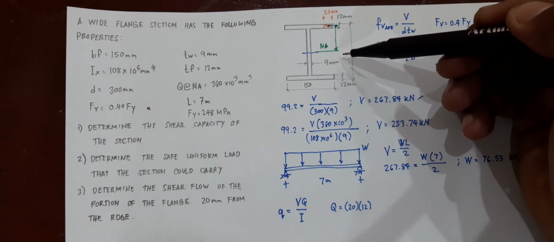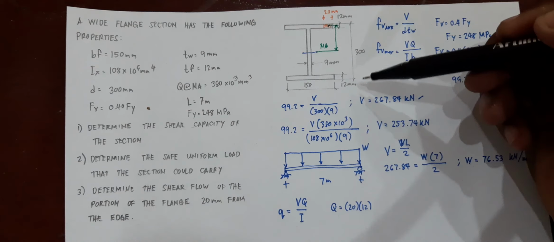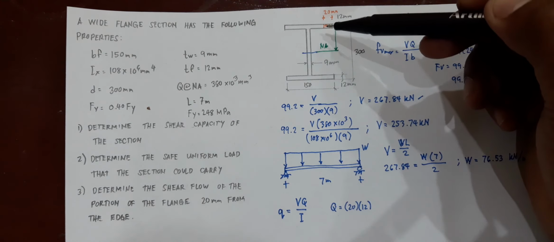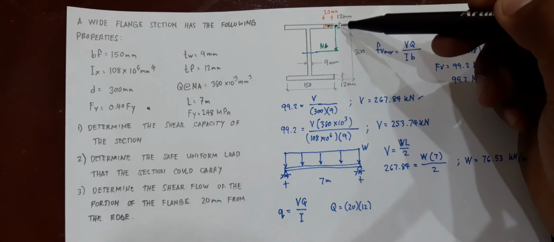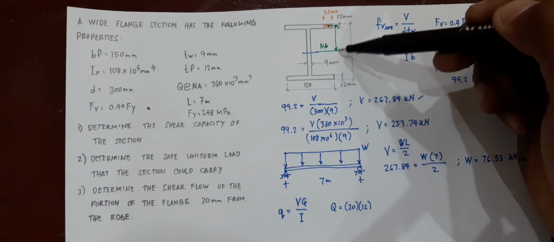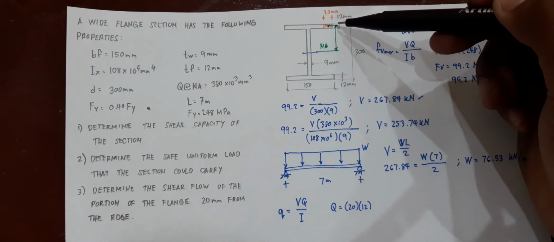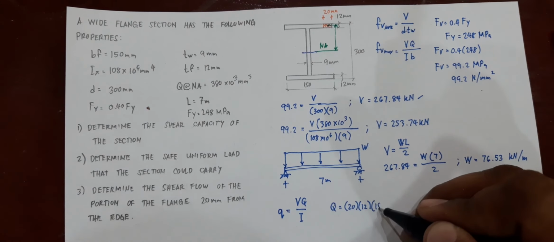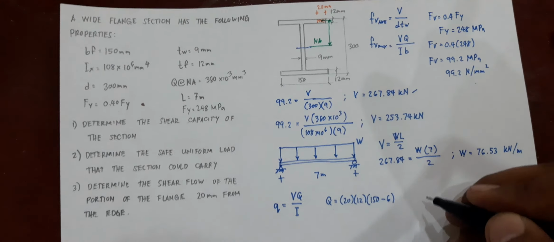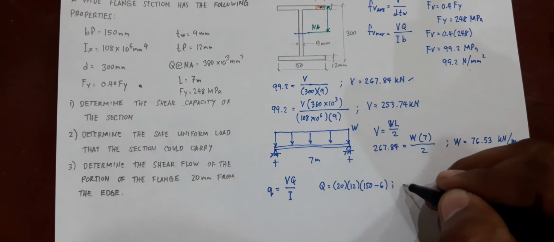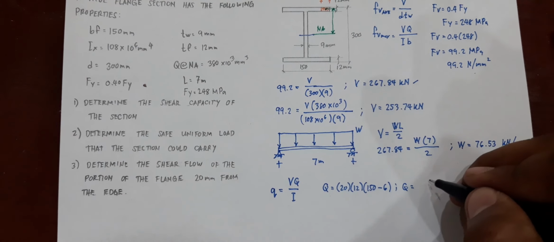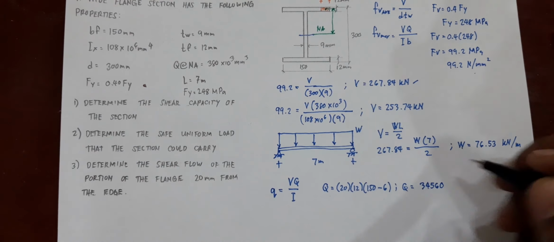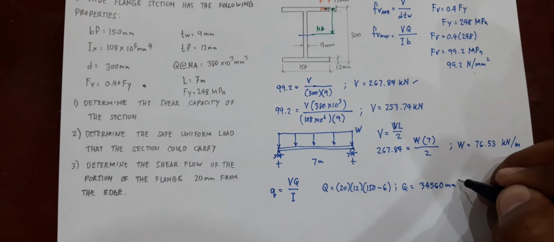Neutral axis by common sense is at the mid height, so 300 divided by 2 is 150. And then the centroid of that particular portion is at the mid height of 12, so that would be 150 minus one half of 12, that would be 6. So that would be multiplied by 150 minus 6. You would have a value of Q equivalent to 34560 mm cubed.